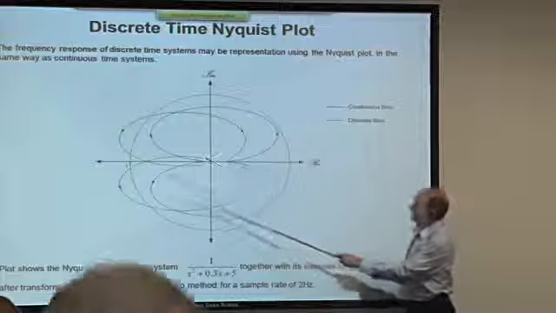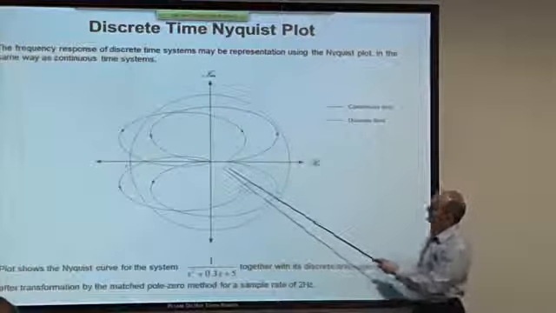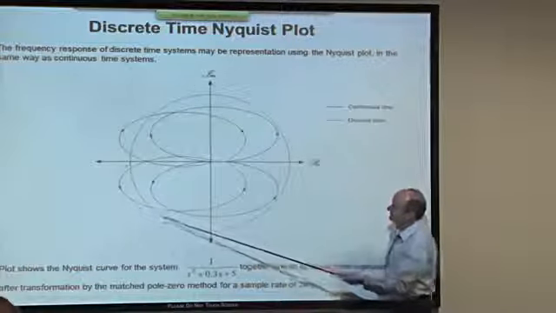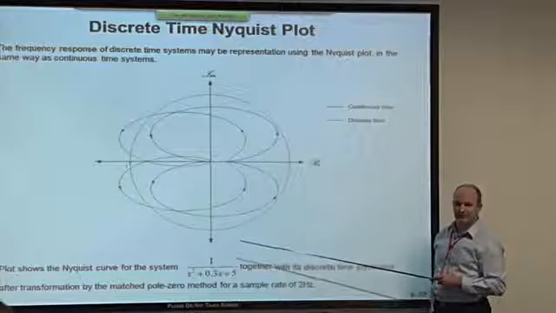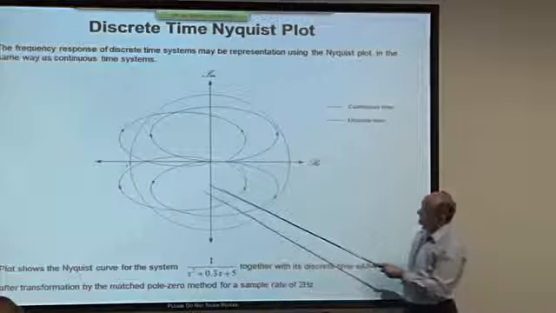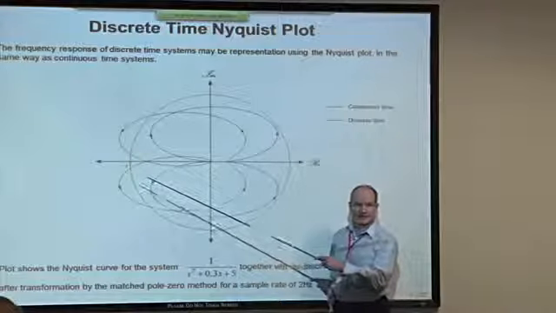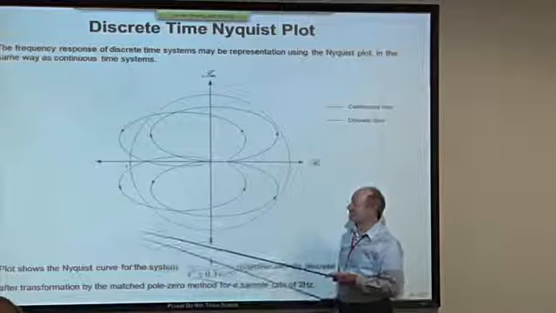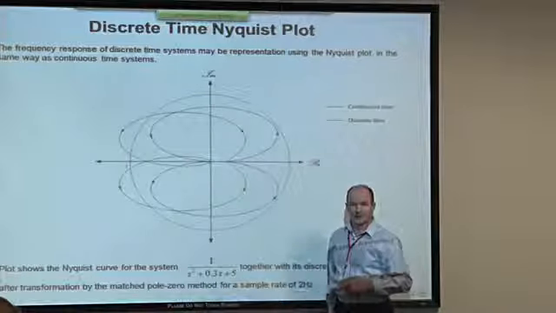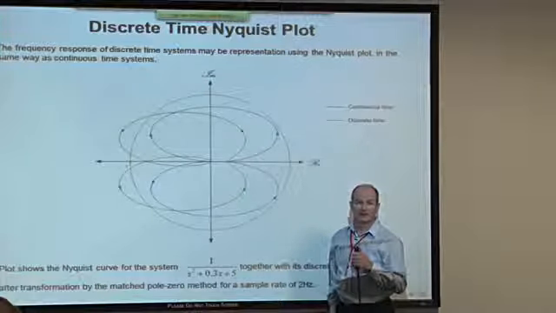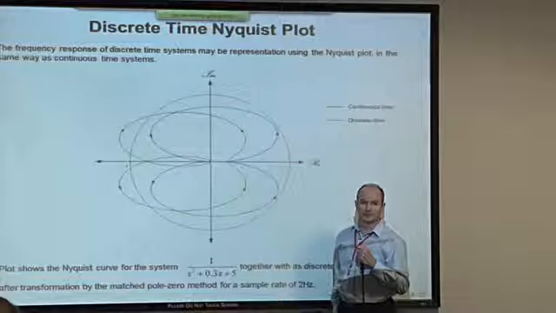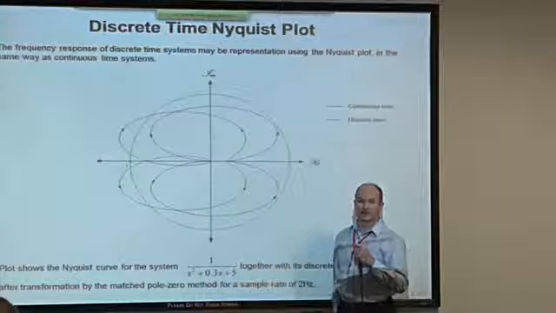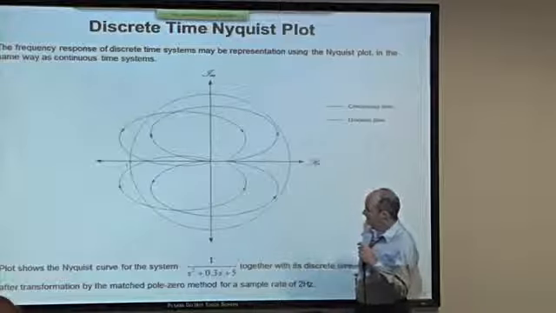This is the blue system, the continuous time system, and the discrete time system is in green. Notice in particular that this system, even though it's equivalent to the continuous one, exhibits an awful lot more phase lag. The stability margin has been eroded, and that's typical. That comes about because of the delays that take place through the digital system. Those delays are unavoidable. Digital design is largely a matter of managing those.